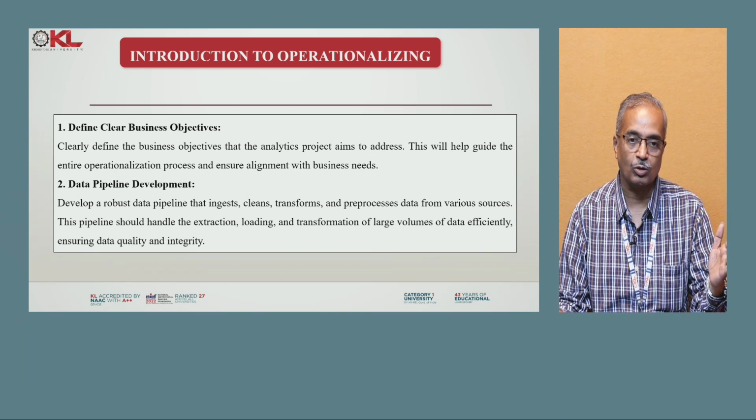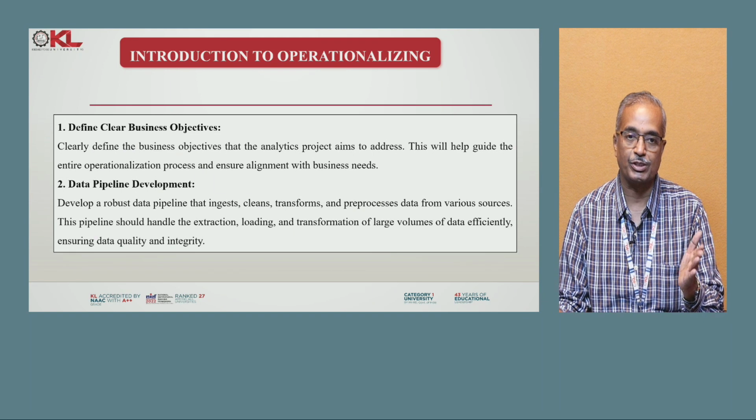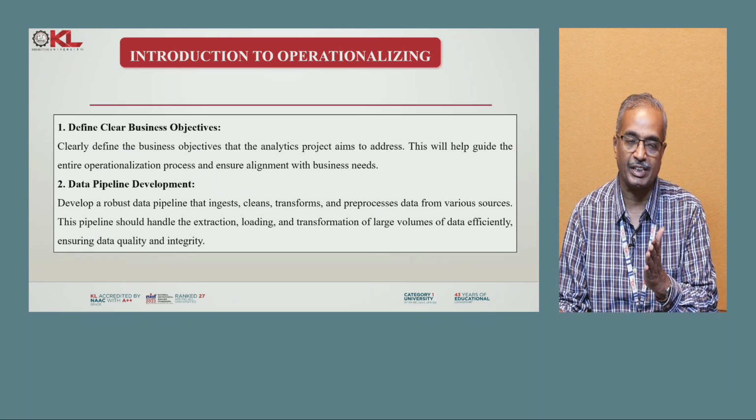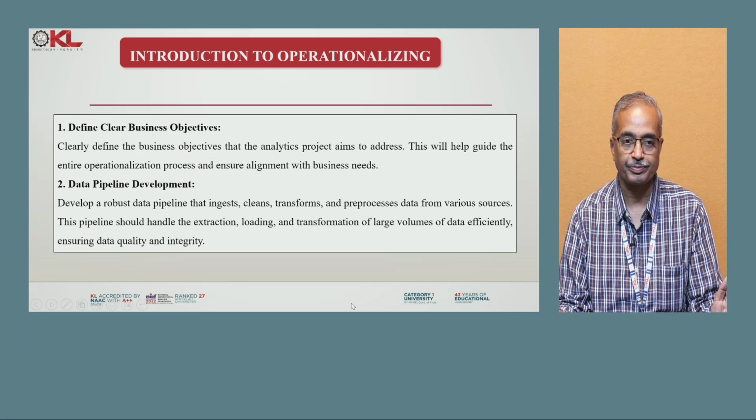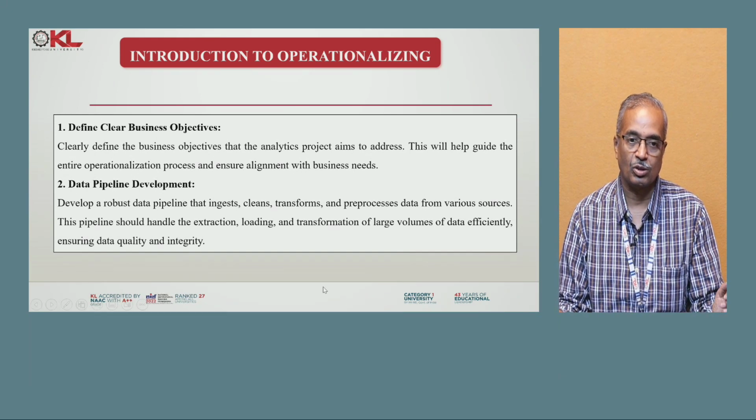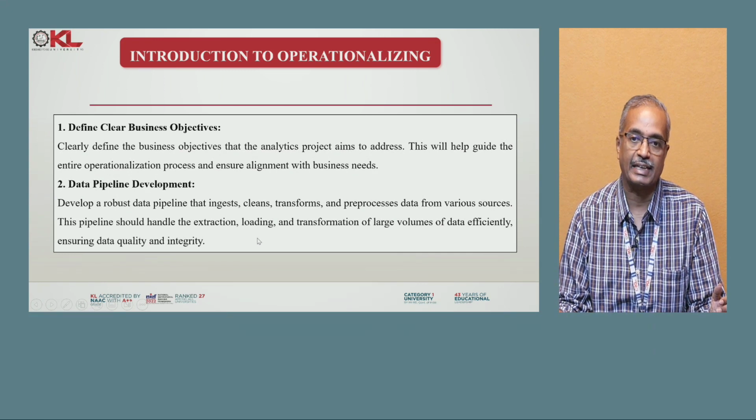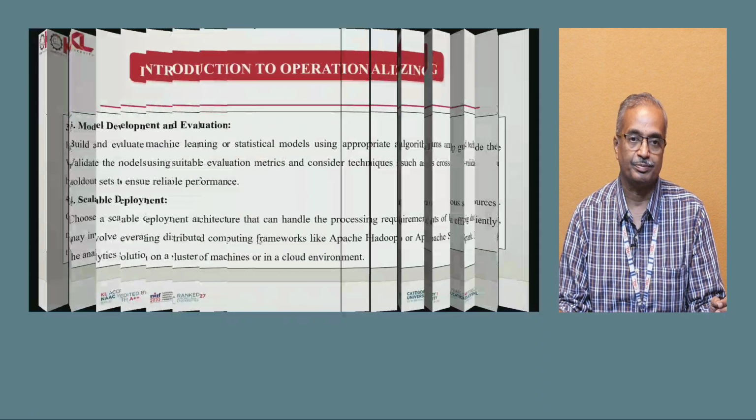The phase 1 output goes to phase 2, phase 2 output goes to phase 3 and so on. This is known as pipelining. The pipelining can handle the extraction, loading and transformation of a large volume of data.